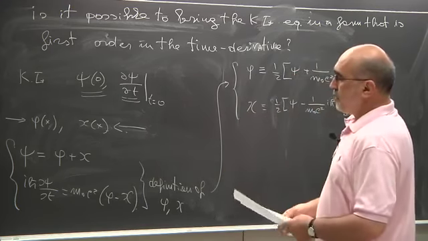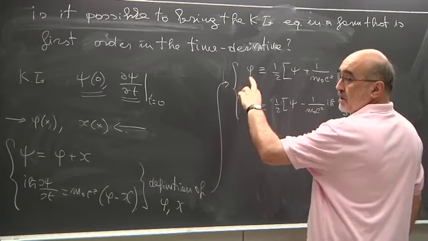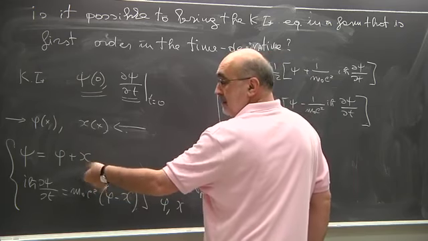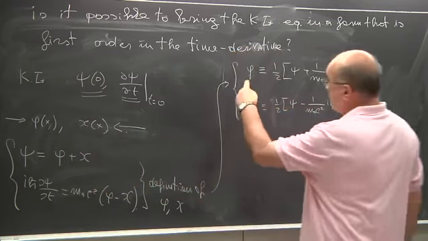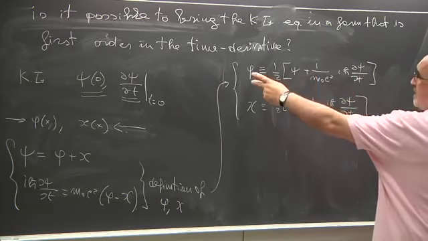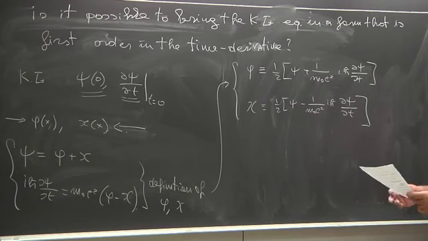If you don't like to look at this as a definition, how did I get this? I just multiply by the proper factor, then add and subtract these two, and you get this. So this is the definition of these two new fields. Sorry that I insisted on that, but this is rather important.